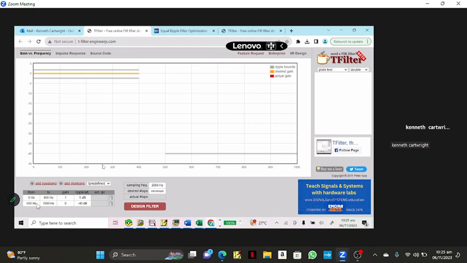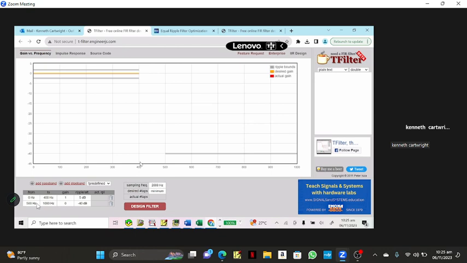Down here at the bottom left-hand corner, we'll accept 5 dB ripple, and we'll accept attenuation of -40 dB in the stop band. Right now we want the stop band to begin at 500 hertz, and the pass band cutoff frequency to be 400 hertz.